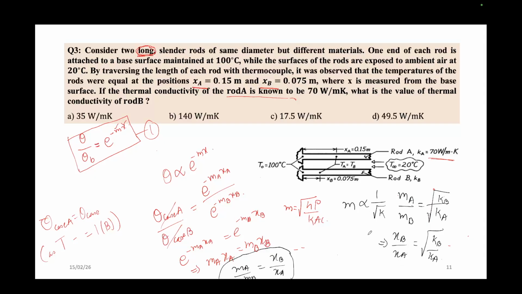Please solve and let me know the answer. Yes, it's option C, 17. Okay.